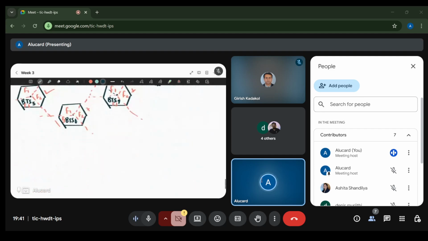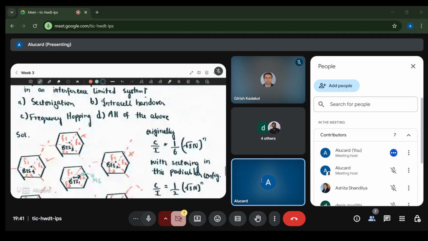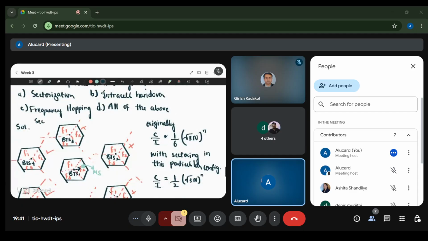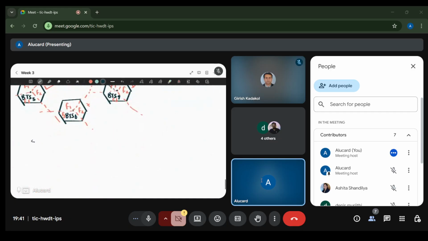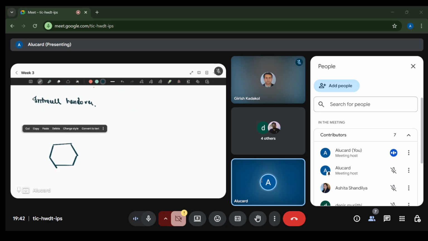Next is intra-cell handover. So suppose again you have this one cell here and you have a co-channel cell here. This is a co-channel cell.